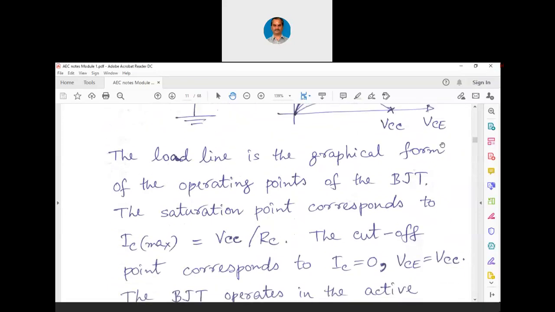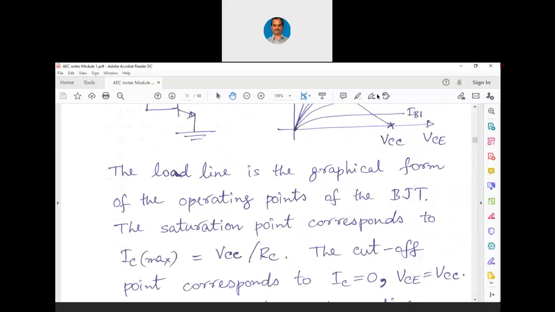So what is load line? The load line is the graphical form of the operating points of the BJT. Understand this.